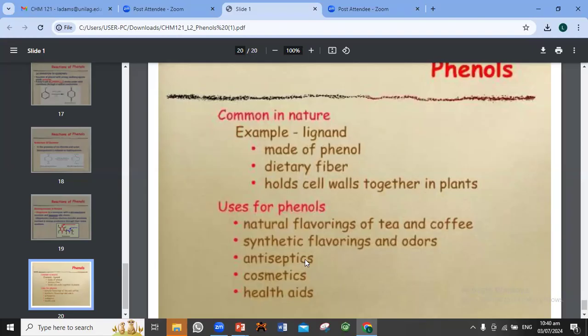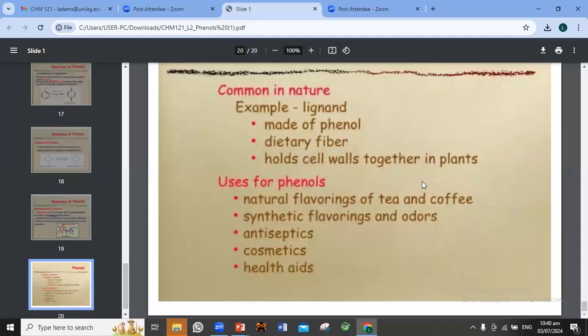A lot of the antiseptics they use to clean toilets and disinfect contain phenol. It's used in some cosmetics, in some health interventions, and in colors, because when you react it to form an azo dye, you can convert it to colors used to dye cloths.